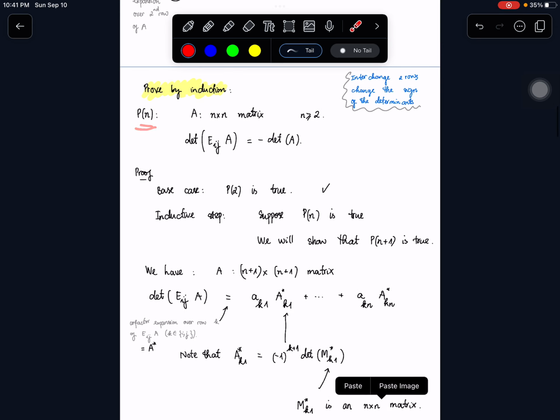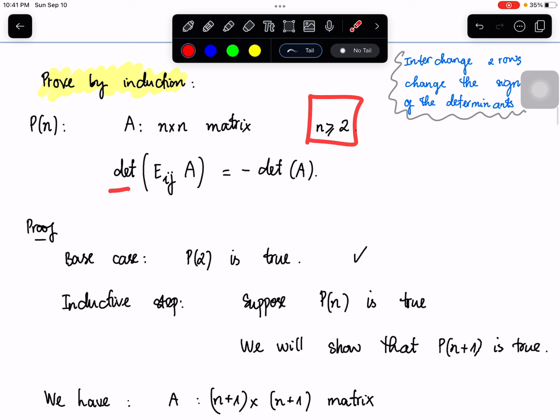The statement is: let A be an n by n matrix, n greater than or equal to 2. Then the determinant of Eij A equals minus the determinant of A. Here Eij is the elementary matrix corresponding to the row operation where we switch row i and row j.